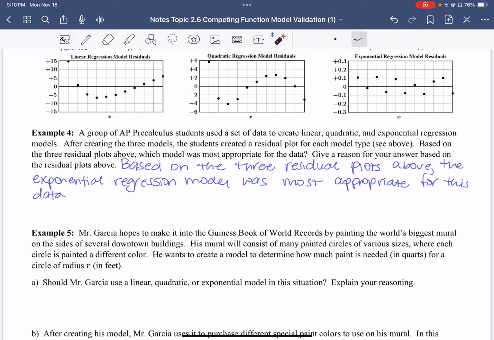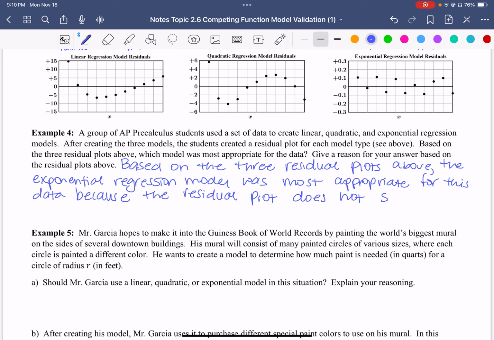Okay, so we've answered up to there. Now the follow-up says give a reason based on the three residual plots above. So I'm going to say because the residual plot does not show a pattern.